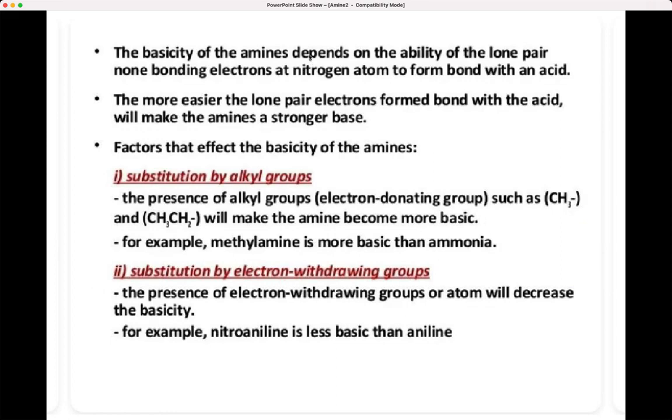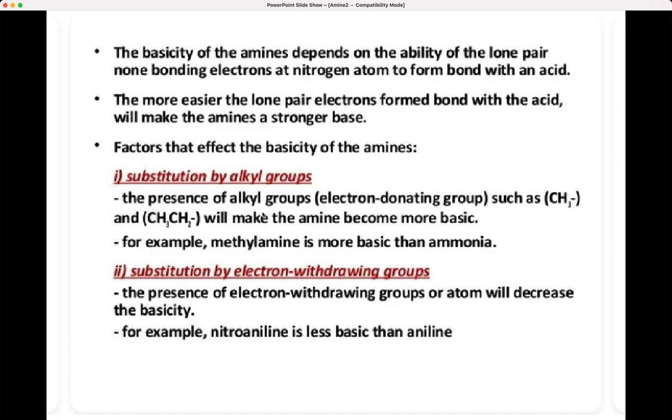Now, the basicity of amines depends mainly on the ability of the lone pair of non-bonding electrons on the nitrogen atom to form a bond with an acid, and the more easily the lone pair forms a bond with an acid, the stronger the base the amine will be. Which are the factors affecting the basicity of amines? First is substitution by alkyl groups, and second is substitution by electron withdrawing groups.